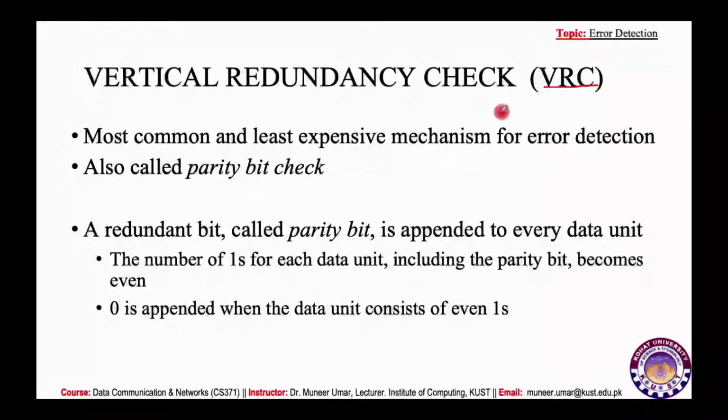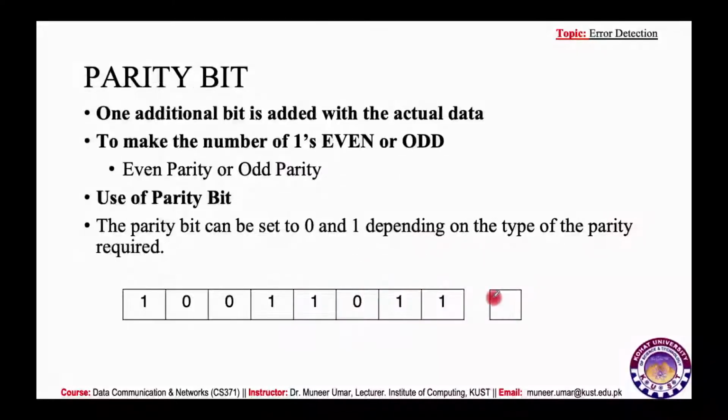The first redundancy check in our list is VRC. VRC uses the parity bit. It is the most common and least expensive mechanism for error detection. As we know, in parity, a redundant bit called the parity bit is appended to every data unit so that the number of ones in the data unit becomes even or odd. For adjusting this, we set the value of the parity bit to 0 or 1, as we did here.